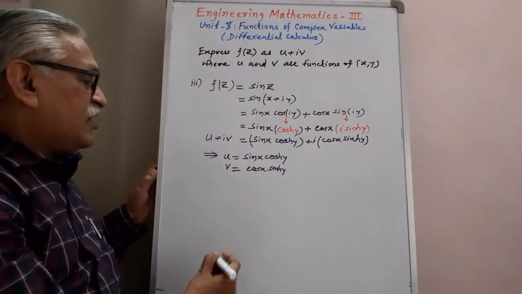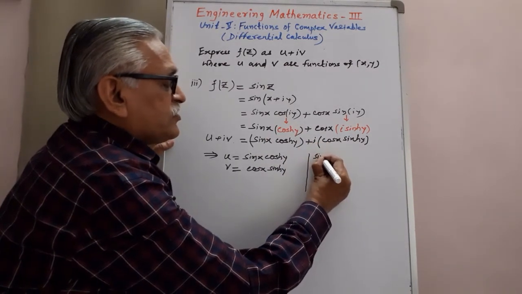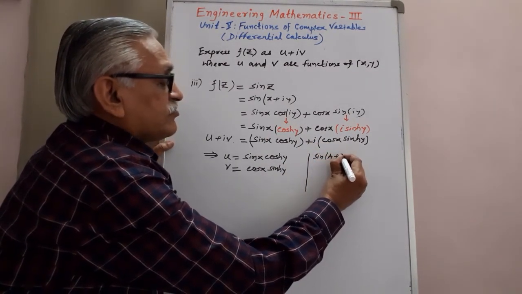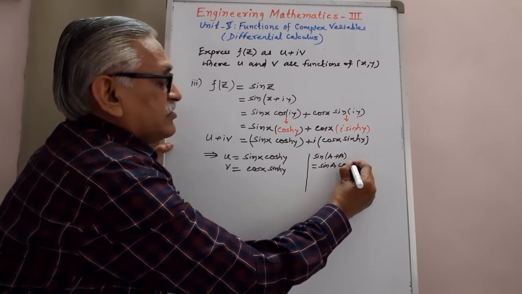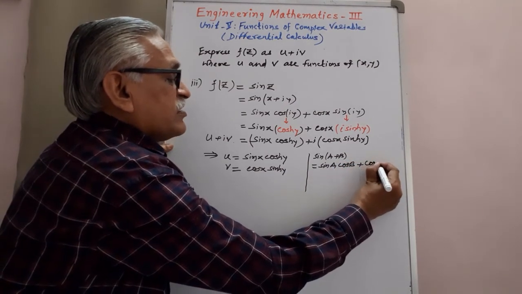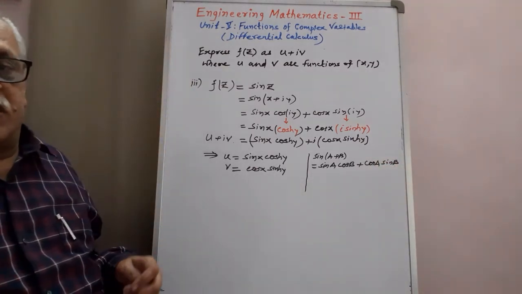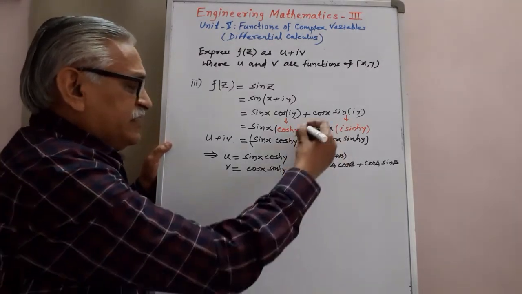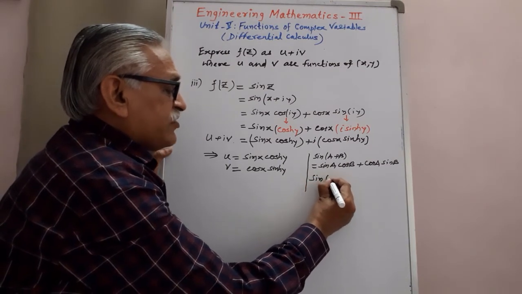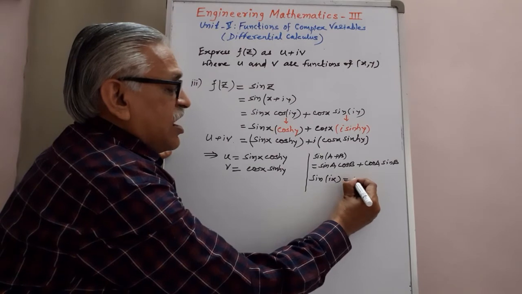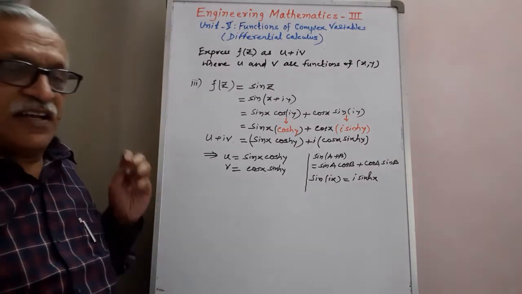What standard results have we applied here? First one is the expansion of sin(A plus B) as sin A cos B plus cos A sin B, a standard result from trigonometry. And second, two standard results from complex numbers: sin of ix is equal to i sin hx, a relation between circular and hyperbolic functions.